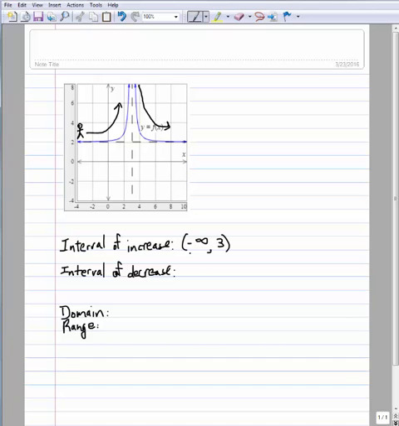We're decreasing from the x value of 3 all the way to this arrow, which goes forever to the right, so all the way to infinity. That's the gist of finding your intervals of increase and decrease: walk along the actual graph and then determine if you're going up a hill or down a hill.